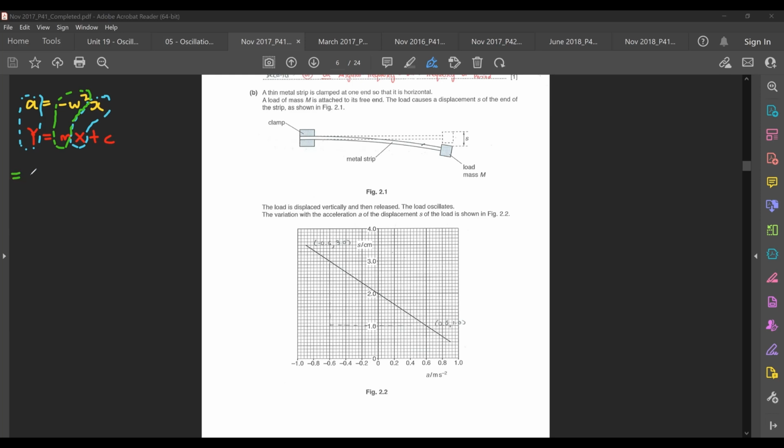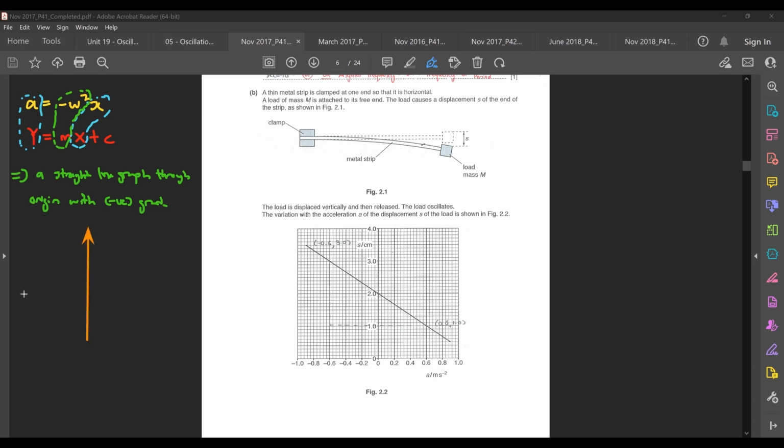So this equation itself would tell you that you should get a straight line graph through origin with negative gradient.